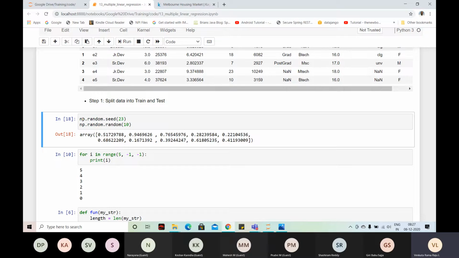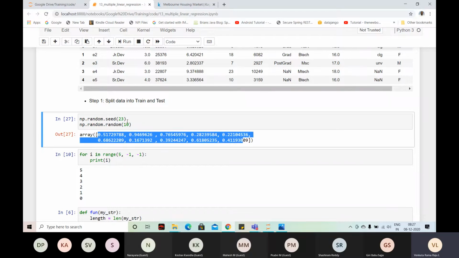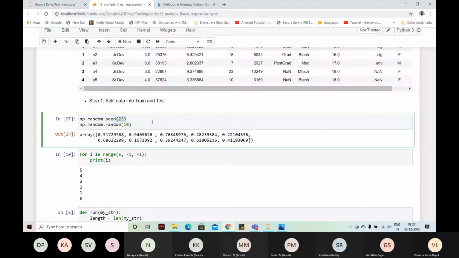Now when I execute multiple times, see that the same values are coming. Because of the seed, it is happening.